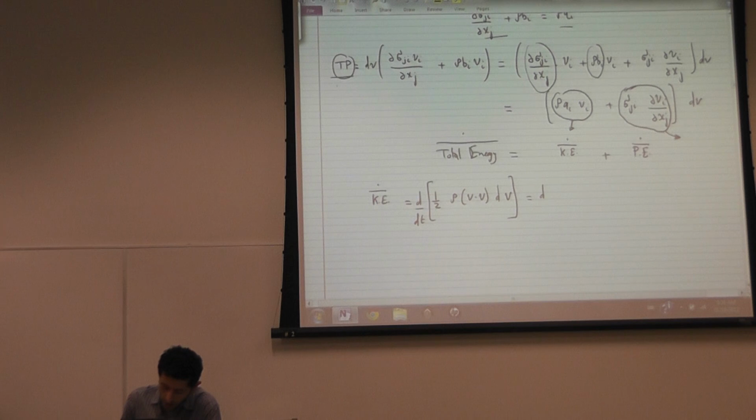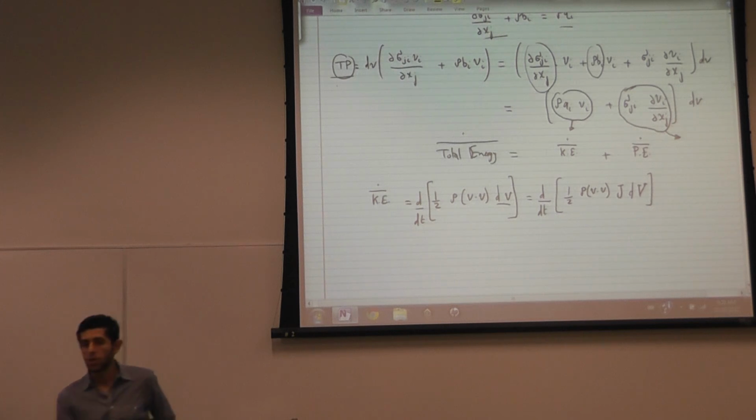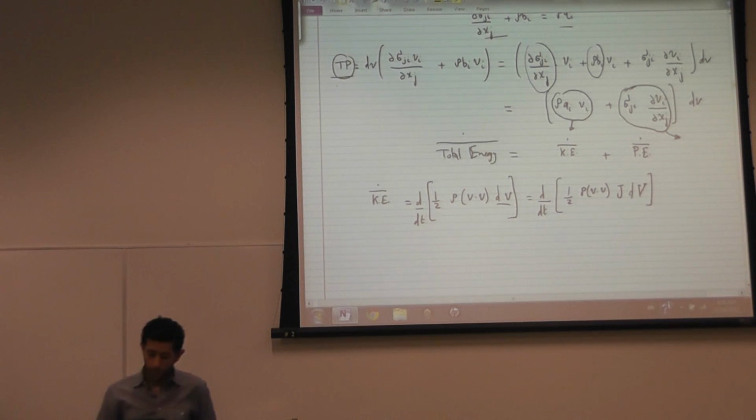So I'm going to keep here d by dt and try to make things not a function of time. So rho is a function of time, v is a function of time, dv is a function of time, but I'm going to use the deformation gradient, the j, and fix dV, where j was equal to small dv over capital dV.